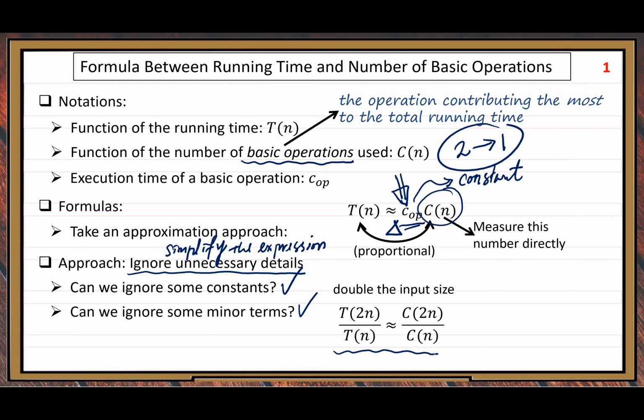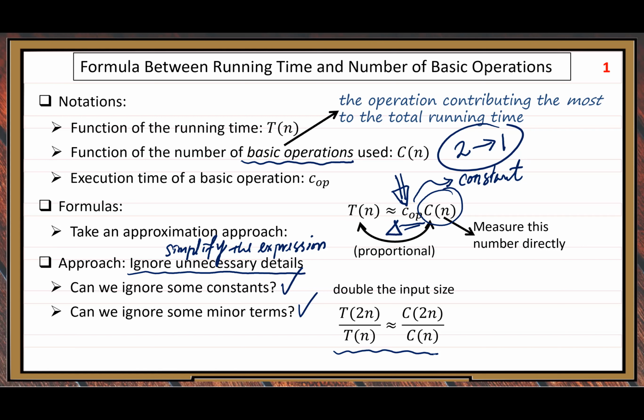That means when you double the input size to 2n, you get another running time function expression, and then you take the ratio. So this ratio tells us the increasing rate, how fast it grows. Every time we double the input size, the increasing rate can be described by this ratio.